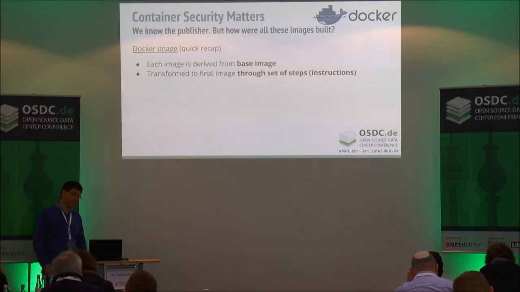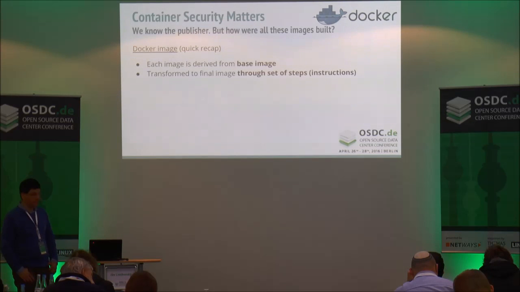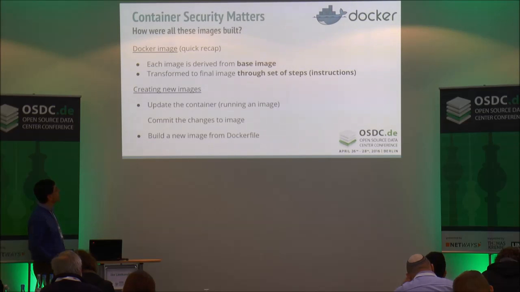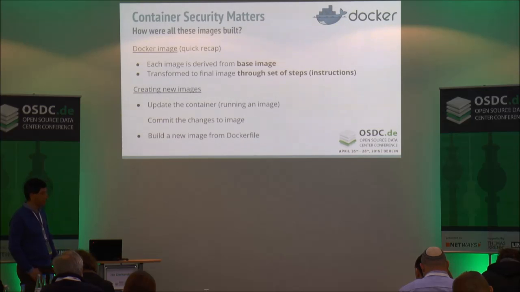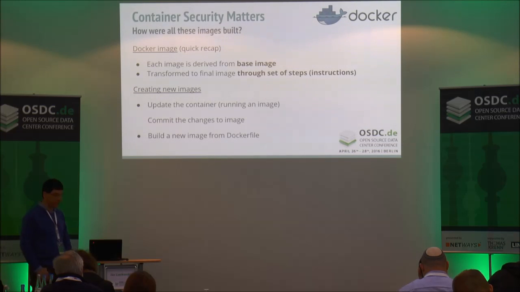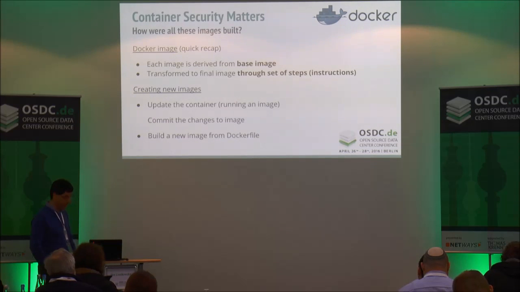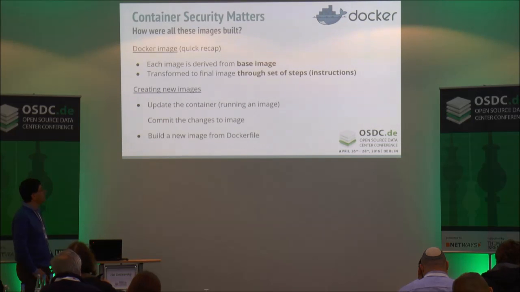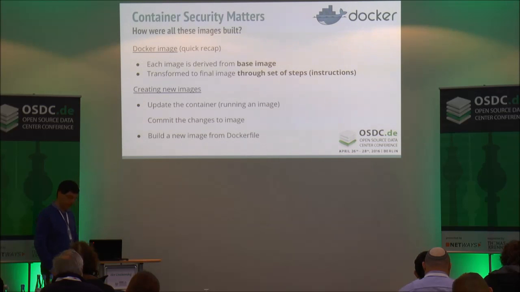Each image is derived from a base image and transformed into the final form through steps of instructions. We can create new images in two ways: either specify a Dockerfile and build a new image from it, or we can update an existing container and commit the changes back.